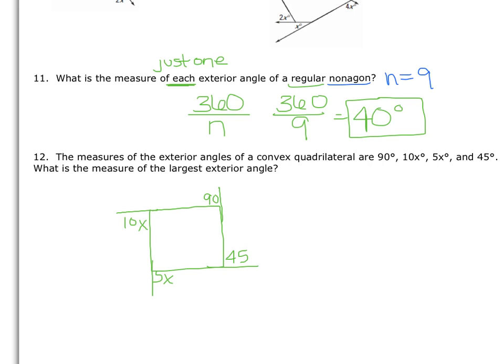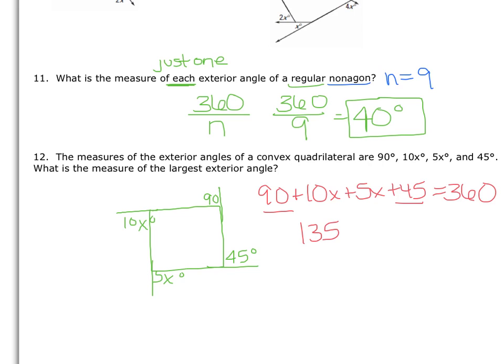And again, I just sketched this. It's not really drawn to scale because obviously it doesn't tell us that all of them are the same. However, we know everything on the exterior of any polygon should add up to 360. So I'm going to put all of these together, combine like terms, and set it equal to 360.